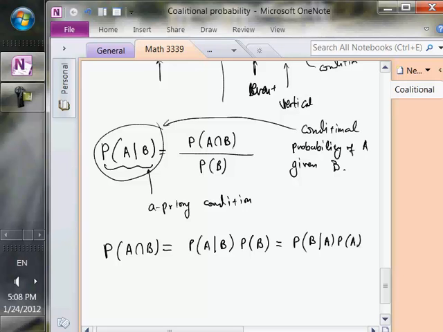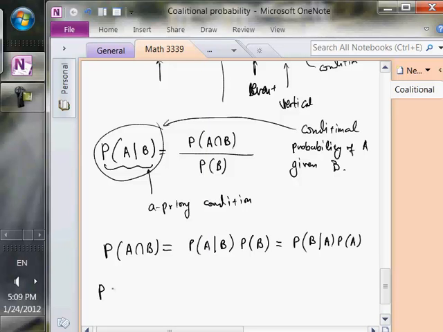I use the word simultaneous with some freedom. Anytime we have a condition, that will help us arrive at the probability easily. So let's look at the previous situation.